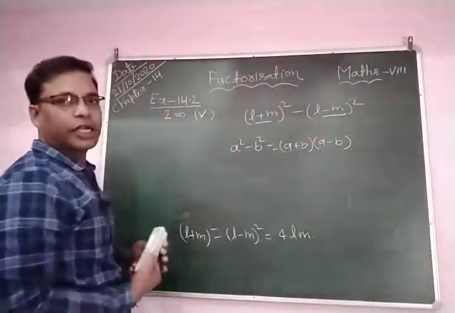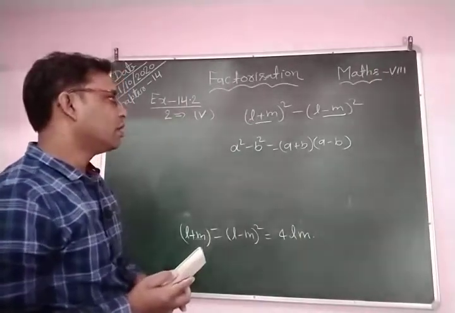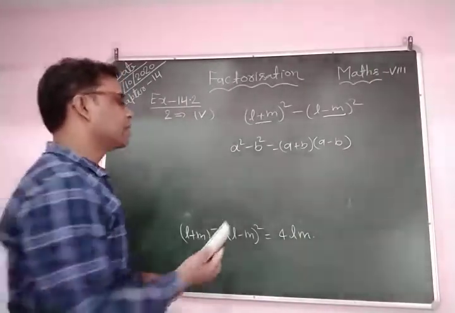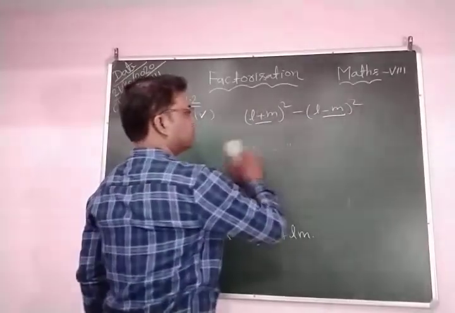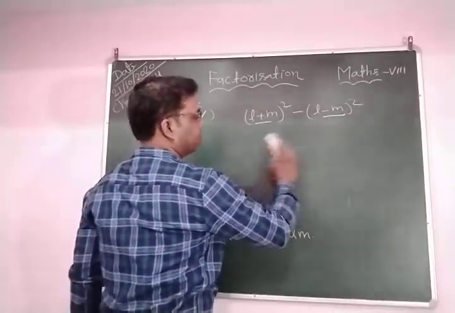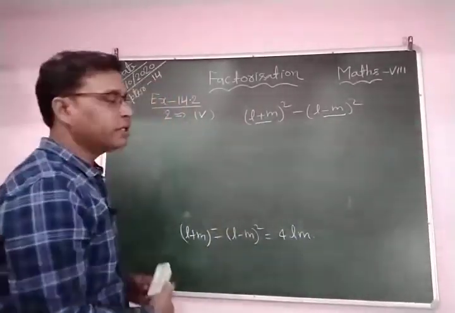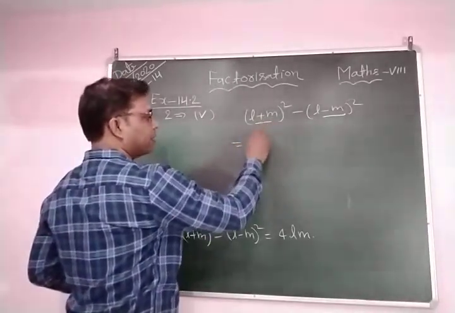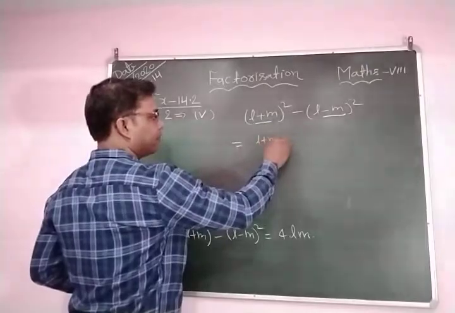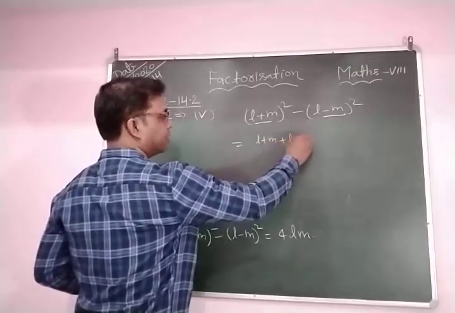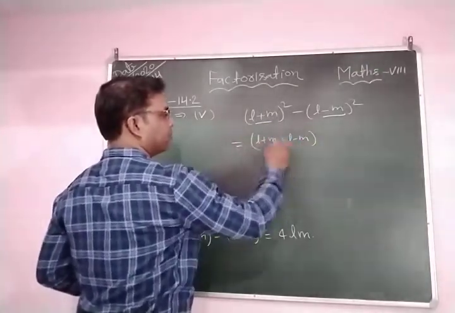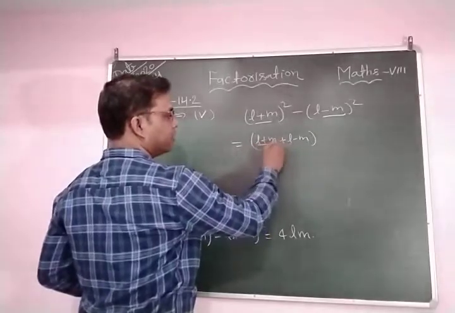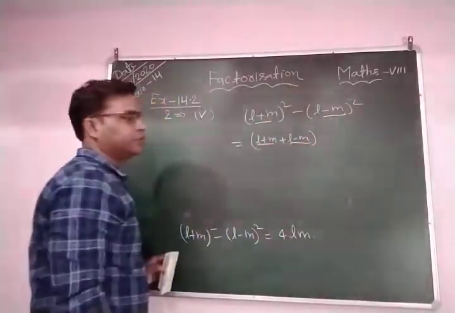According to the third identity, in one bracket we write the sum of them, in the second bracket the difference of them. So first write the sum: (l plus m) plus (l minus m). This is a plus b.